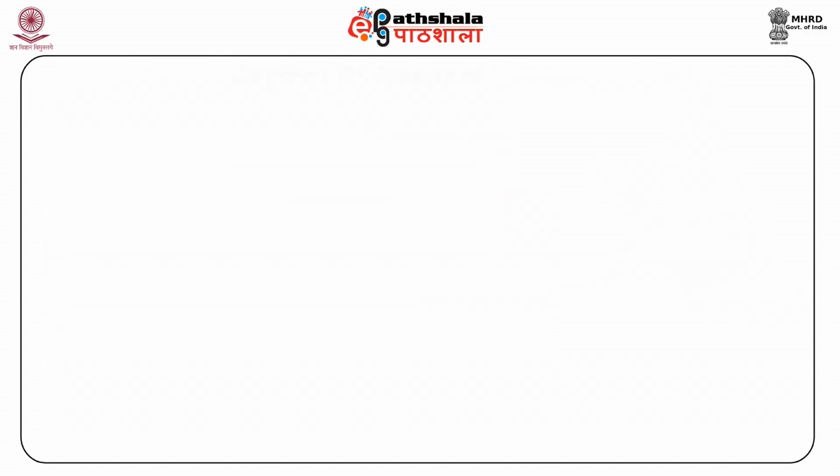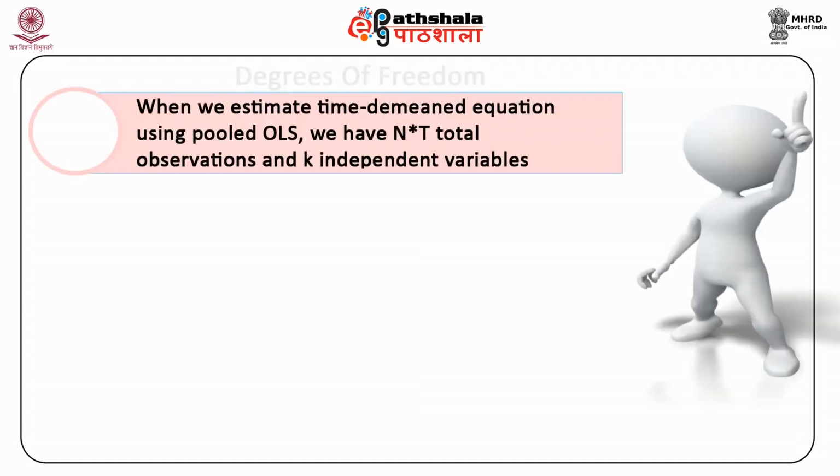Let us now discuss the topic of degrees of freedom in brief. When we estimate equation 15, the time demeaned equation, using pooled OLS, we have N times T total observations and k independent variables.